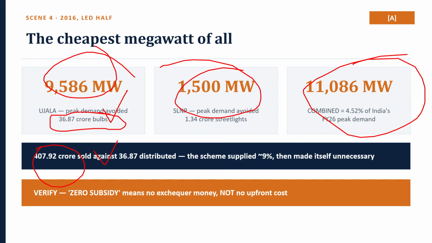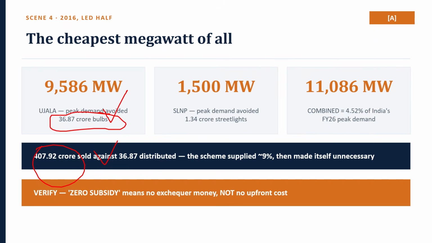What is the LED sentence here? The national LED program is usually assessed on distribution: 36.87 crore bulbs under Ujala and 1.34 crore street lights under the Street Lighting National Programme.